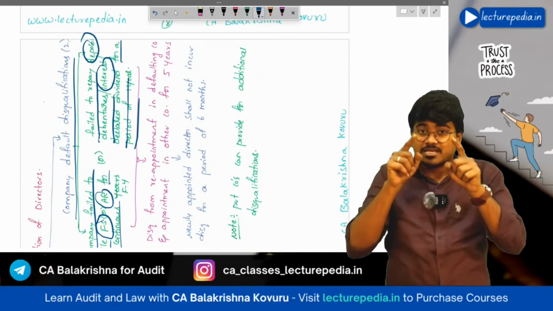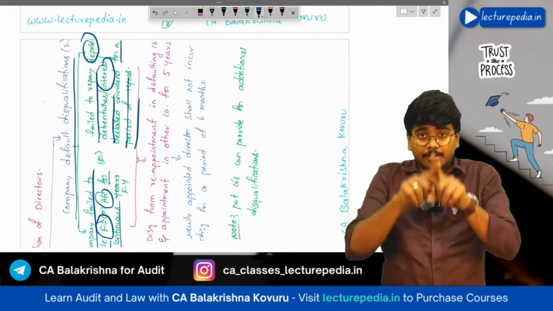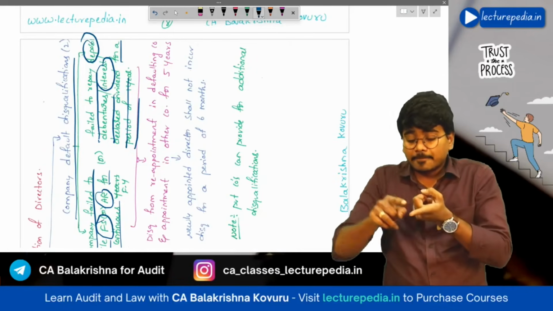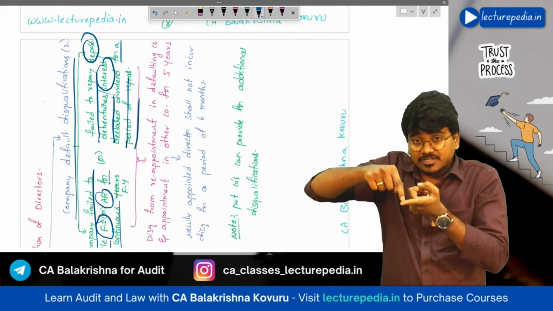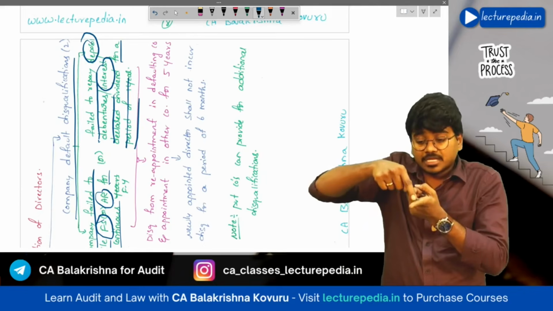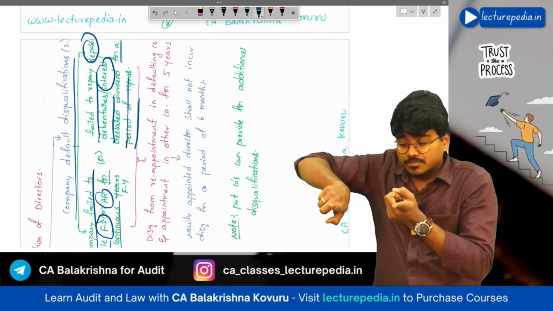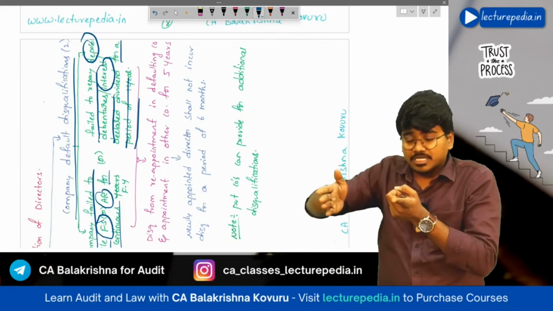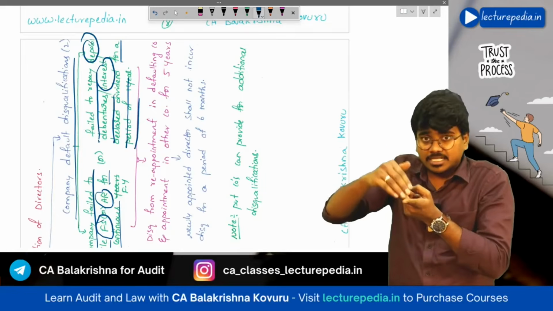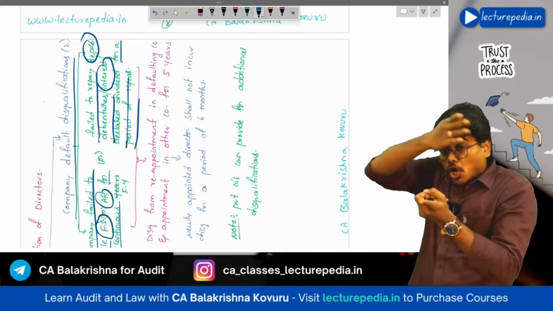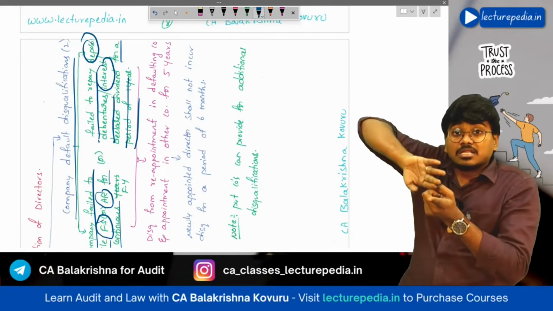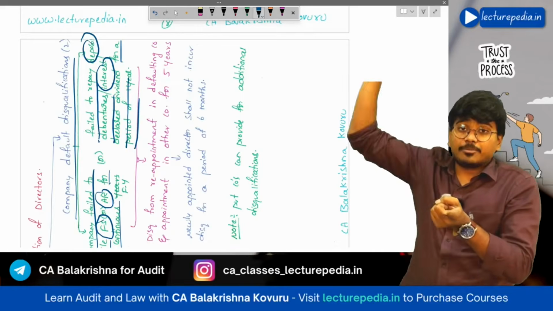Okay, in case of company default disqualifications, in the company in which they are acting as a director, they can continue as a director till their tenure completes, but they cannot be reappointed in that company. And in all other companies, they will be disqualified for a period of 5 years.